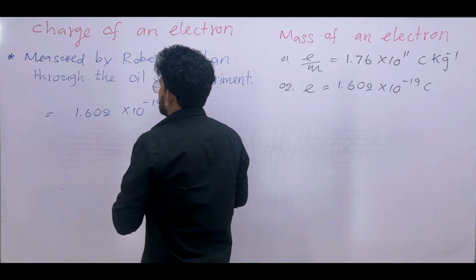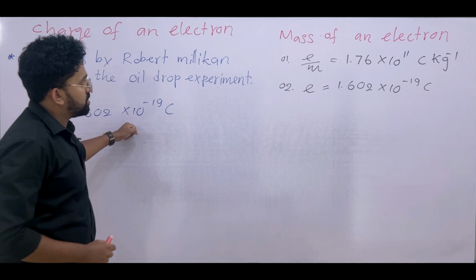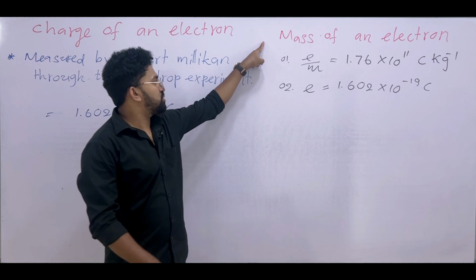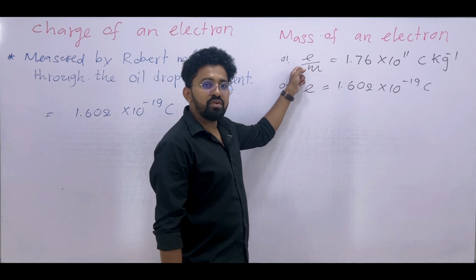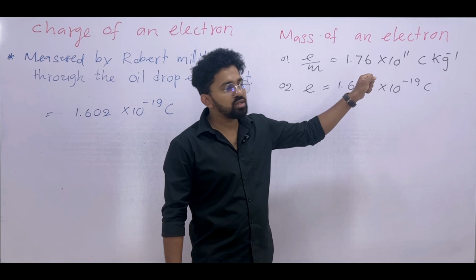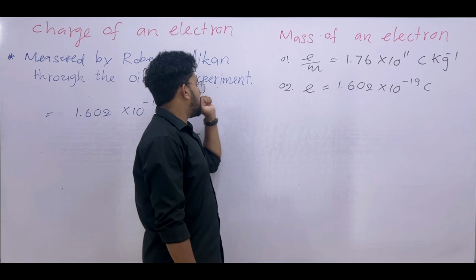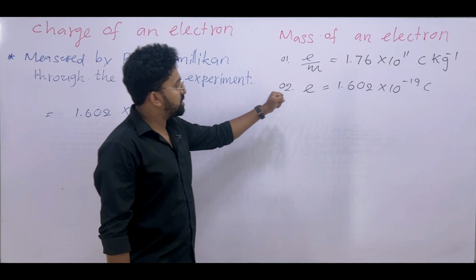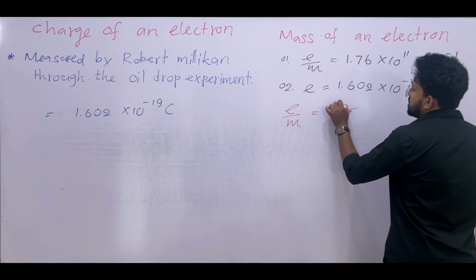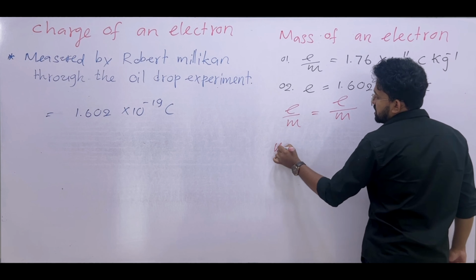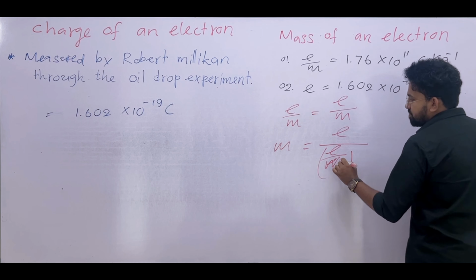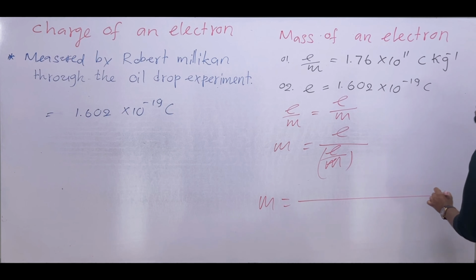After we find the charge of an electron, we can calculate the mass of an electron. To calculate it, we need the E over M value, which was found by J.J. Thomson, 1.76 × 10^11 coulomb per kilogram, and the charge of an electron. So we can write the equation E over M, and making M the subject, M equals E divided by E over M. Here we do the calculation.